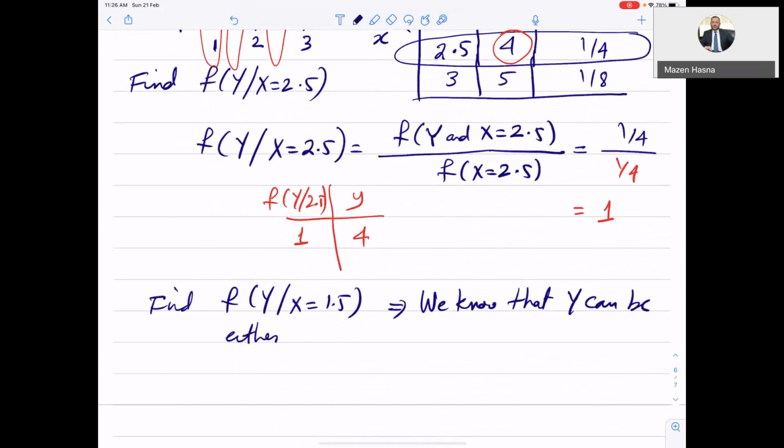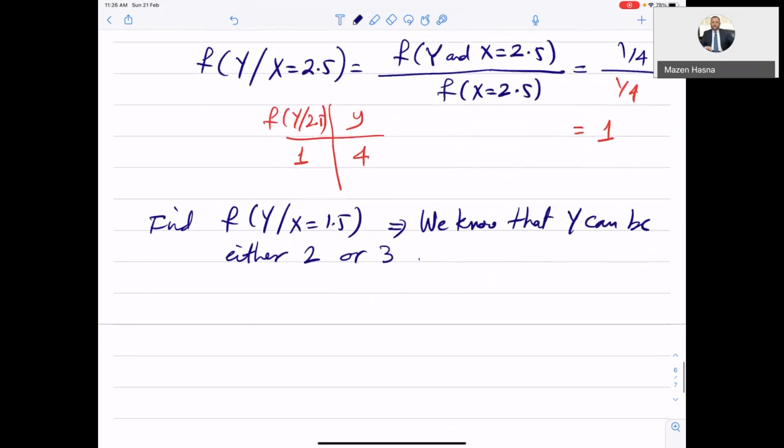So I need to find the probability for each situation. What's f of y equals 2 given that x equals 1.5? I need to find f of y equals 3 given that x equals 1.5. So I have two options.